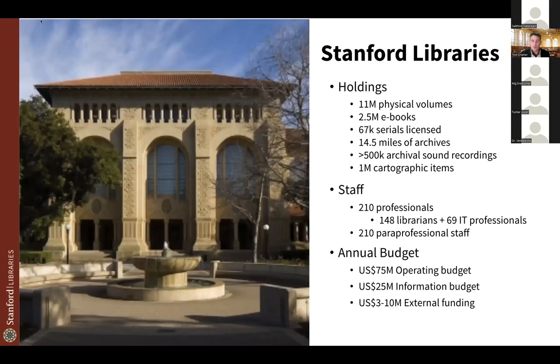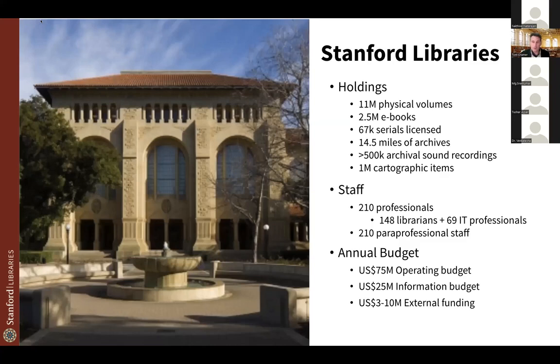It is a research university with 7 schools and covering everything from the professional schools of law, medicine, and business, but then also core sciences or core subjects such as humanities, basic sciences, engineering, education, and so forth.